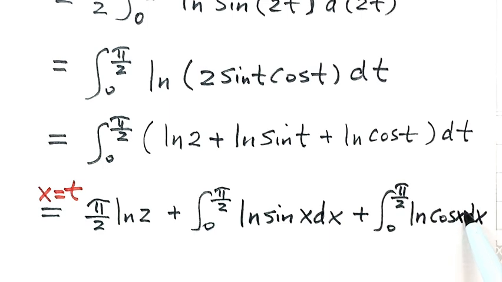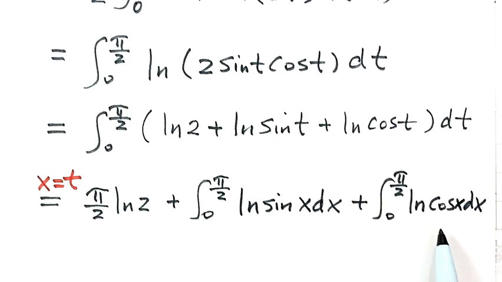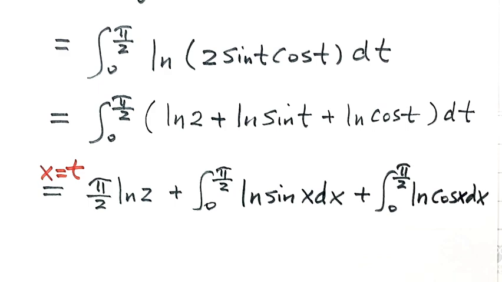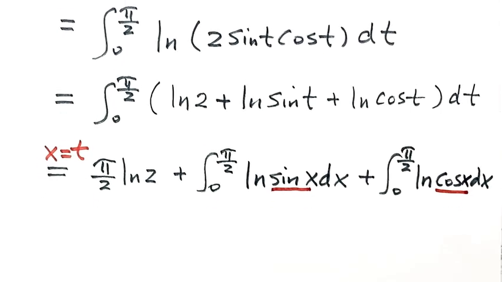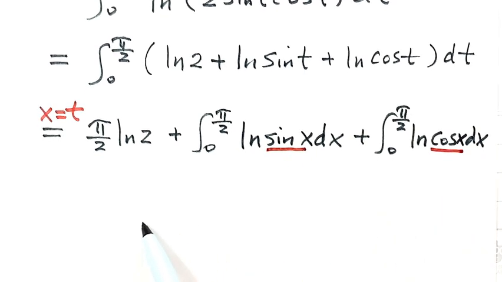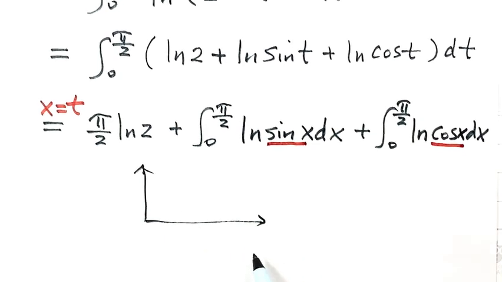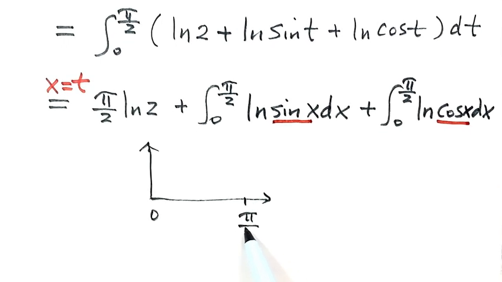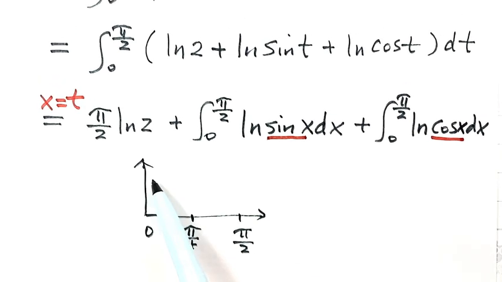Okay, now we have 2 integrals. Let's see what's the difference between them. This one is a sine, this one is a cosine. That is the only difference. Now let's look at the sine and cosine curves from 0 to half pi. In the middle there's pi over 4.